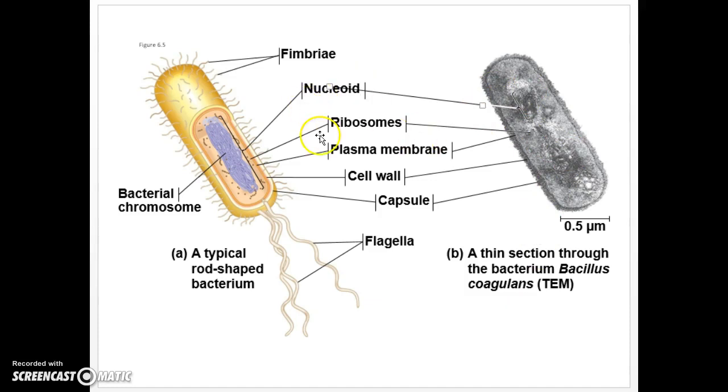Instead, their cytoplasm or cytosol is bounded by the plasma membrane that surrounds it, and then outside of that is a cell wall. Some bacteria or prokaryotes have flagella, but not all, so don't make the mistake of thinking that all of them do.